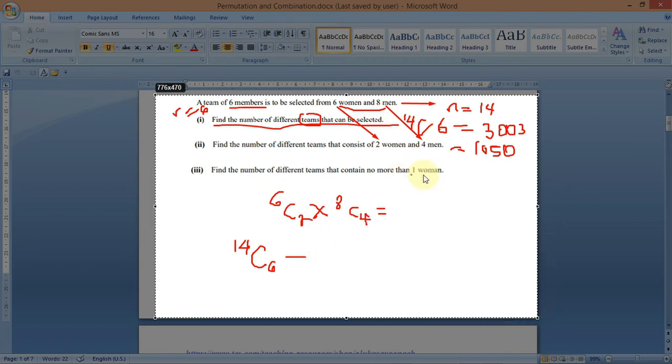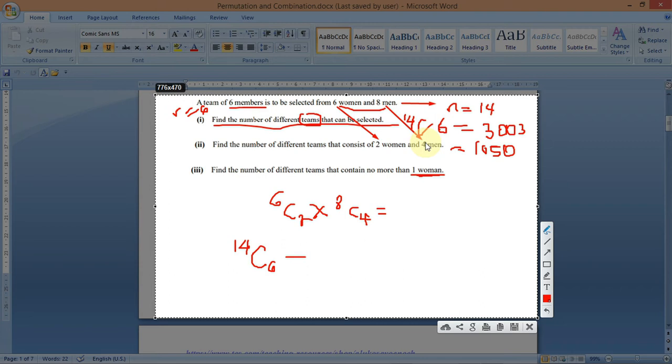I could do it by doing 1, 2, 3, 4, 5, which is going to take my time, but this will make my work easier. So without regard to sex, that is all the members, minus all men. So now all men is what? 8 combination 4, right?